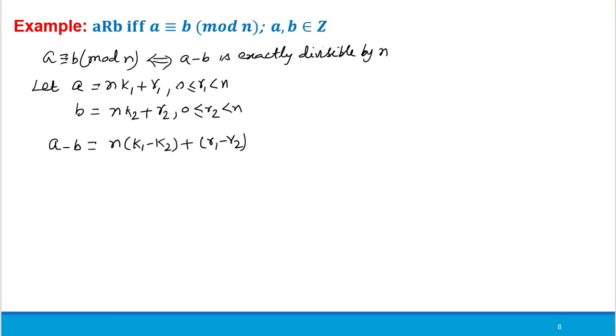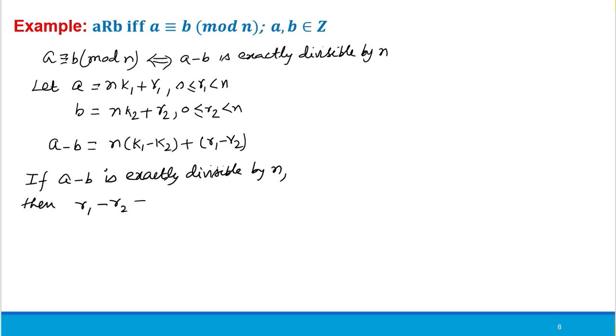So if A minus B is exactly divisible by n, then r1 minus r2 has to be equal to 0, and this simply means that r1 is equal to r2, and it means that when A and B are divided by n, they yield the same remainder.